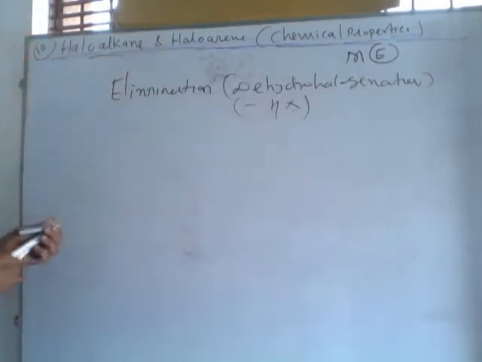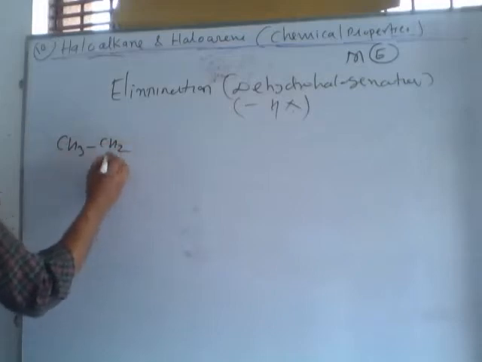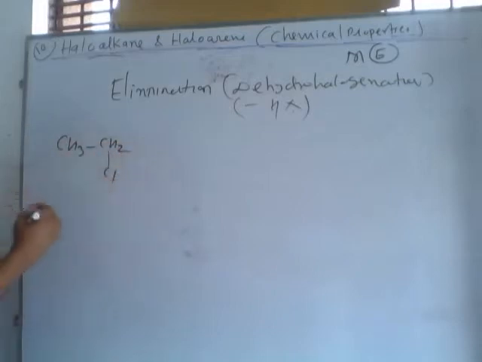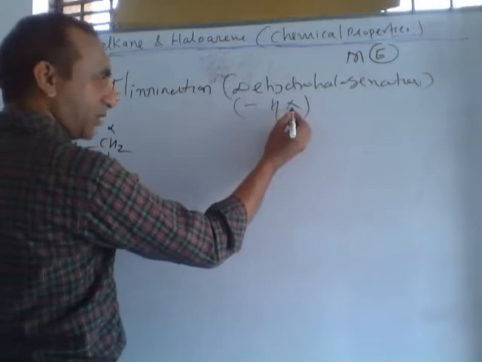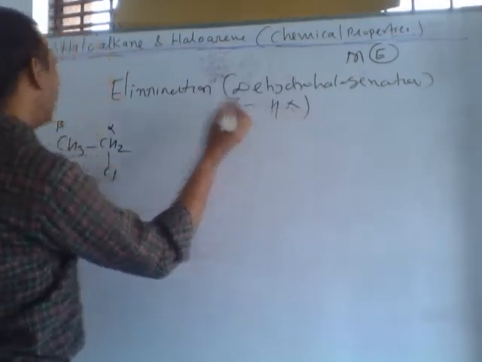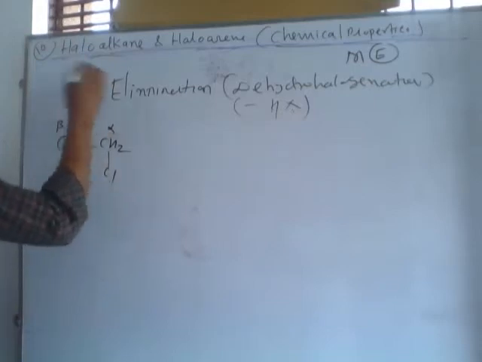But listen, suppose CH3CH2Cl. The halogen is connected with the alpha carbon, and this is the beta carbon. Remember, along with this halogen, the hydrogen atom from the beta carbon is removed. So the reaction is called beta elimination.